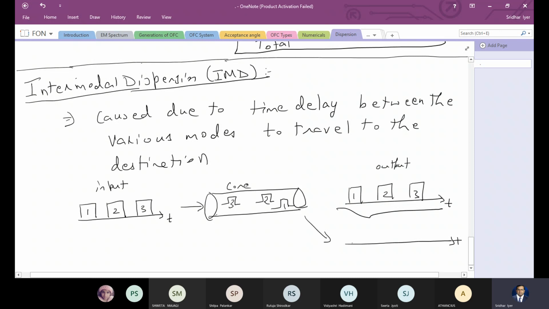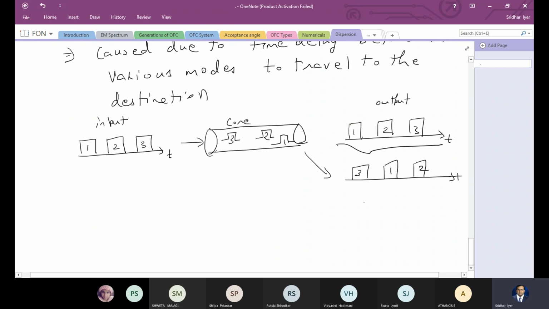You'll end up getting 3 first, then maybe 1 next and 2 next, and of course they'll also be broadened, right? So because of this dispersion effect, the bits are delayed in time, right? And because of that, the actual picture looks like this. The actual picture at the output looks like this.